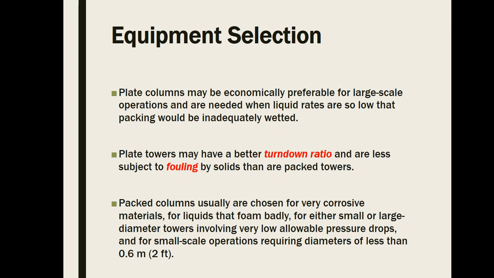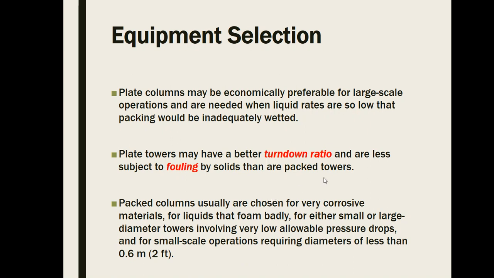If we also have small or large diameter towers involving very low allowable pressure drops, meaning we cannot bargain for very large pressure drops, then this particular column is for us to use. It could also be used for small-scale operations requiring diameters of less than 2 feet, or small towers in this case. So that's for your packed columns.